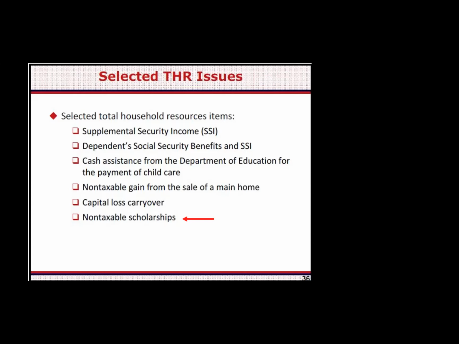With the $3,000 that you offset on the federal side, you have to add as THR in total household resources. It isn't offset by qualified expenses. It's crazy.